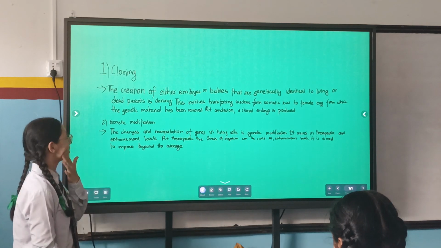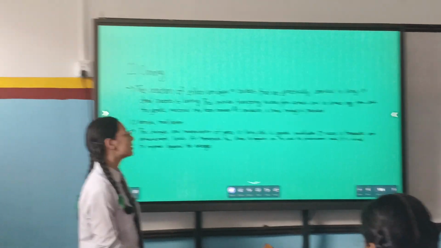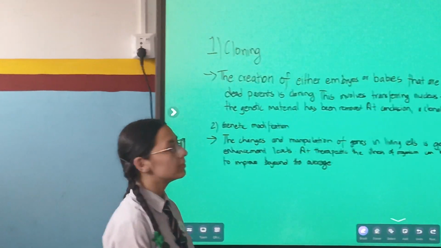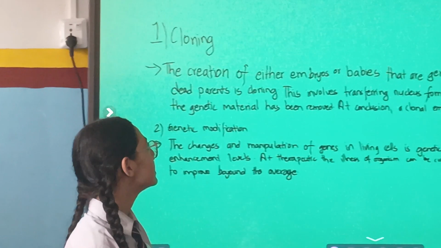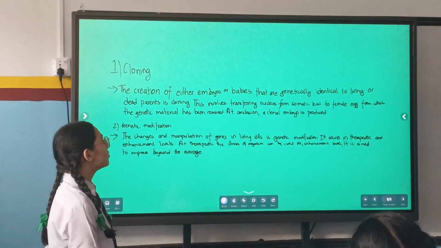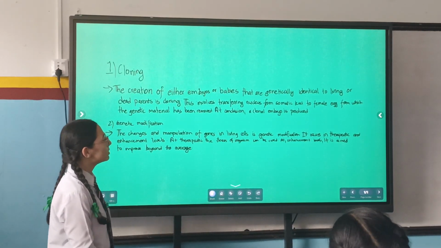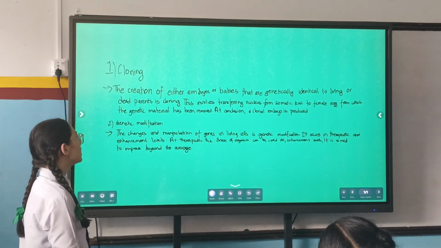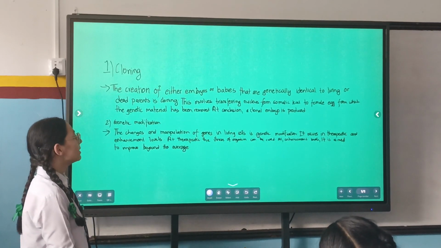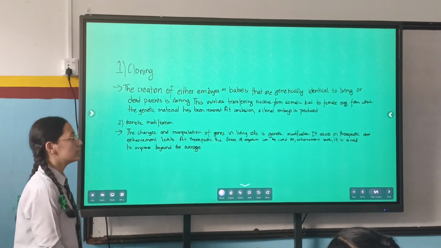Everybody correct? Cloning, the creation of either embryos or babies that are genetically identical to living or dead parents, is called cloning, and it involves transferring a nucleus from a somatic cell to a female egg from which the genetic material has been removed. At conclusion, a clonal embryo is produced.